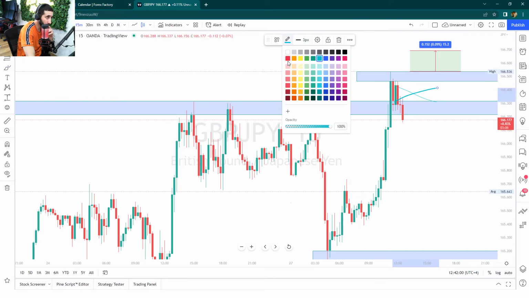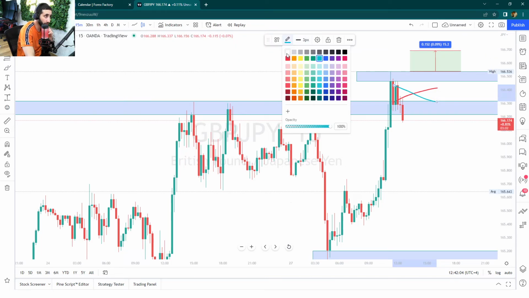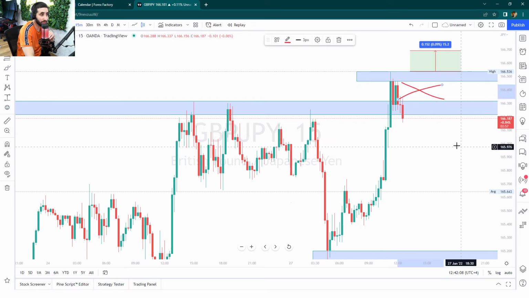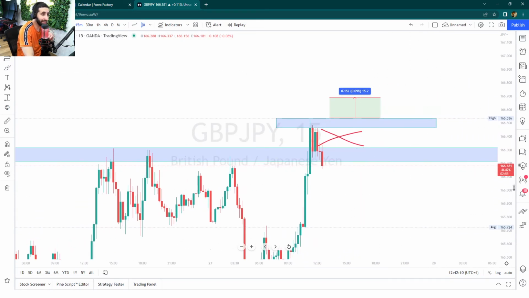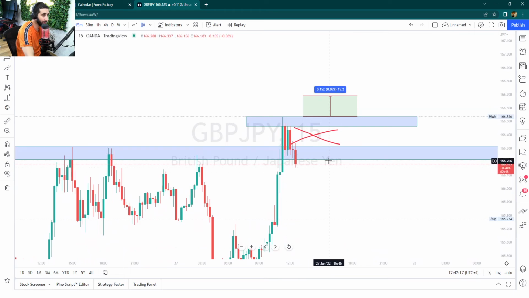Red, danger. It's not allowed, illegal. Do you know what illegal? It's illegal to trade here. You never trade without confirmations. Never, my friend. Never.